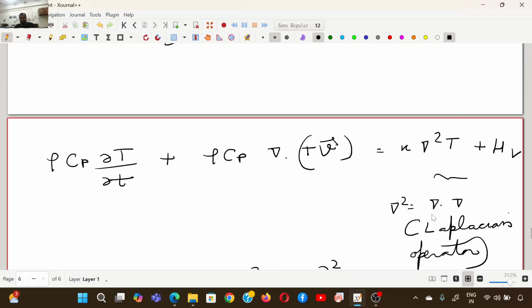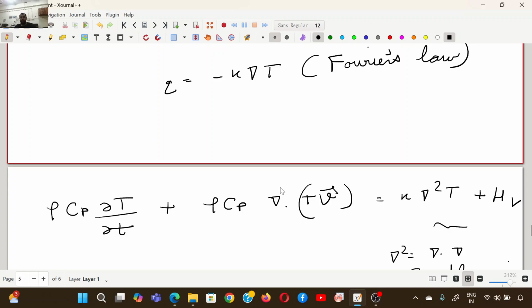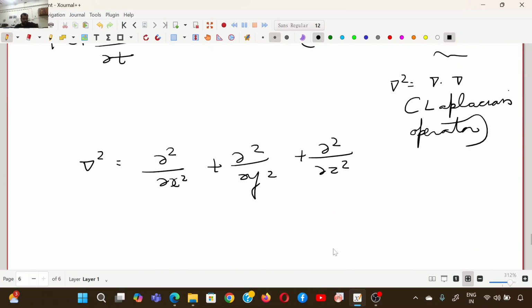Okay, this T also you can take out. I forgot to take it out. Maybe let it be in, because T can also be a function of space. What we'll do is that the rho Cp del dot (T v), let us break into two parts.